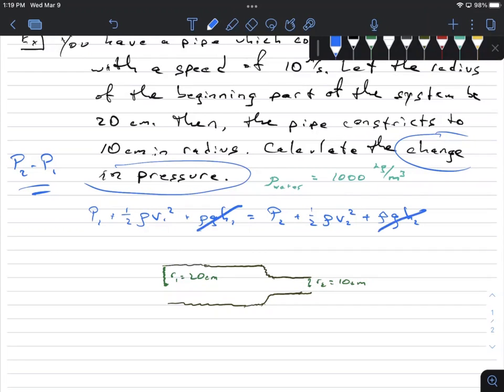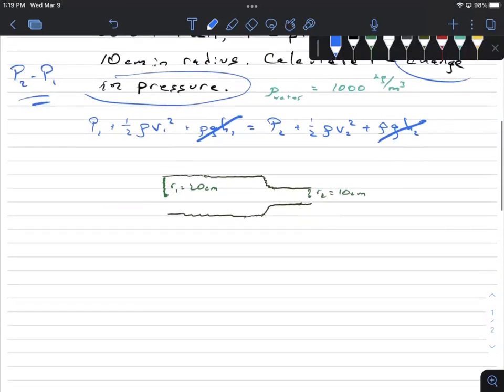They just cancel out. They're the same thing. So what are we left with? We're left with P1 plus 1/2 rho V1 squared equals P2 plus 1/2 rho V2 squared.